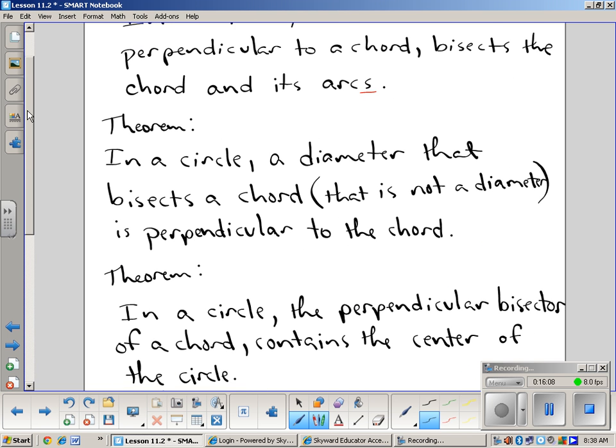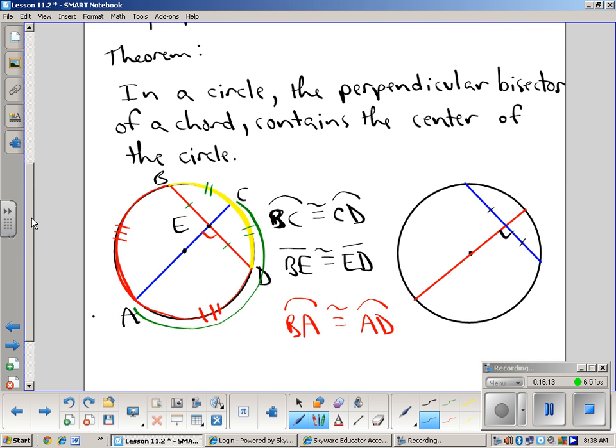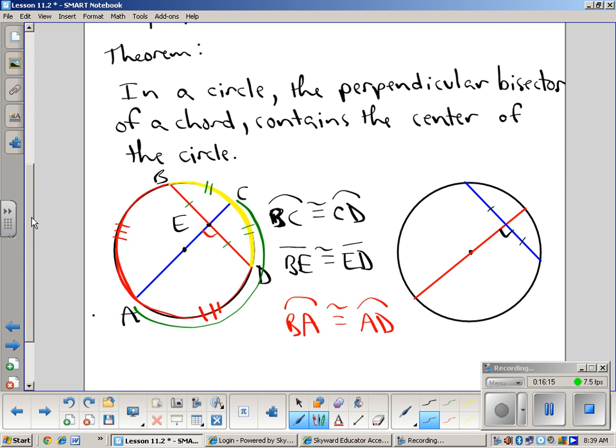Let me move up and read again. It says, a diameter that bisects a chord is perpendicular to the chord. So if you're given a picture that looks like that, then you can draw this in and know that it's perpendicular. Now how's that helpful? What's perpendicular tell us?